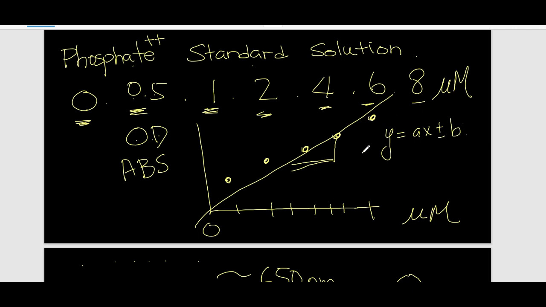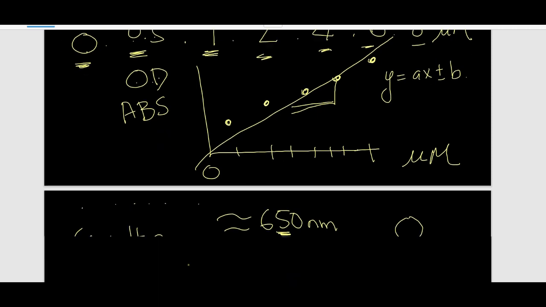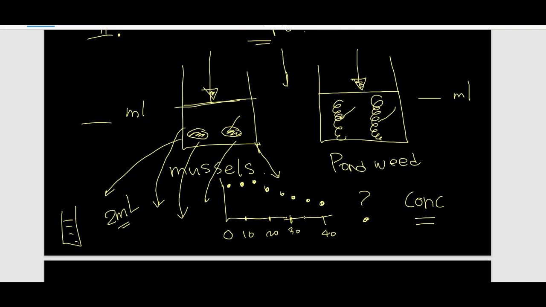Once we have this equation, if you get data from here, you get a certain absorbance, right? So let's say we got an absorbance of 0.01, but we don't know how much phosphate is inside here.